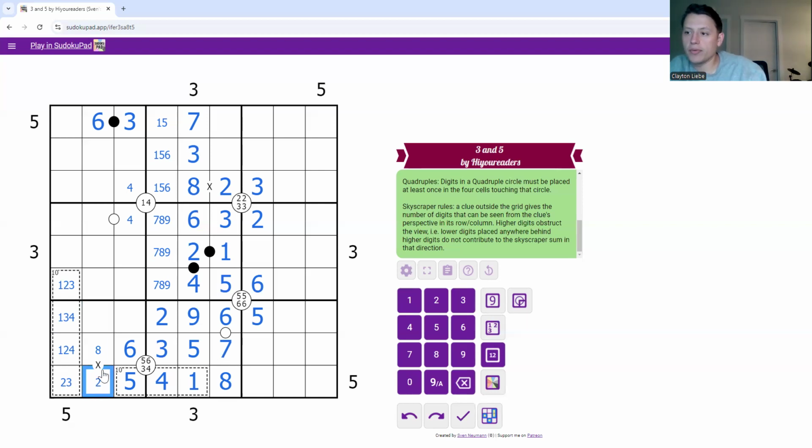So this actually can't be a 3. And then if this is the low digit, what could it be? Well, it could actually be 1, 2, 4. If it's 1, we have to put a 9 here, which is fine. If it's 2, we need to put an 8, which we can't do. If it's 4, we need to put a 6, which we can't do. So this is limited now to either 1, 9 or 2, 8.